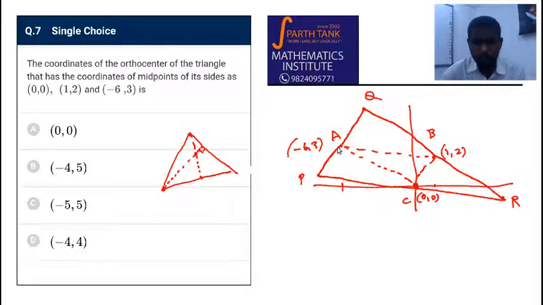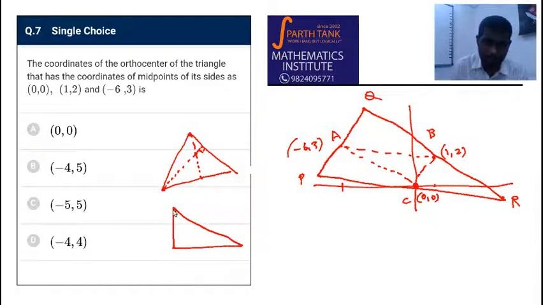But first of all, there is a special case of the right angle triangle. If you have a right angle triangle, the orthocenter is very simple to compute. See, the altitude from here to this is this side itself, and the altitude from here to this is this side itself.